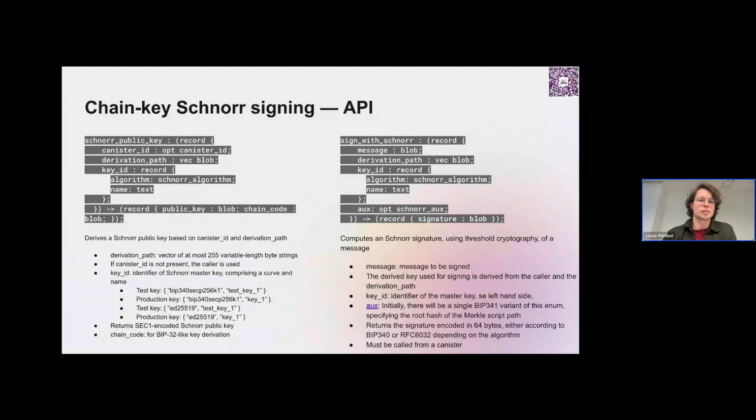And then there is a method to sign with a key. And you can see that you don't pass the canister ID to the signature method because you're not able to spoof another canister ID. So a canister can only sign with keys derived from its own ID.